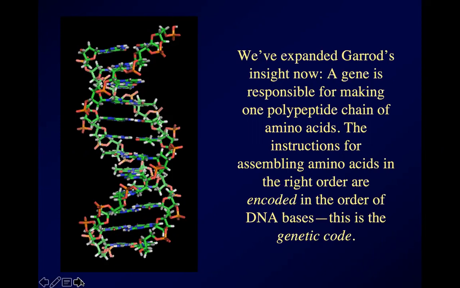If your DNA instructions tell your cells to put amino acids together in the wrong order, the protein will fold into the wrong shape, and your body won't be able to do what that protein was needed for. So it all comes down to shape.